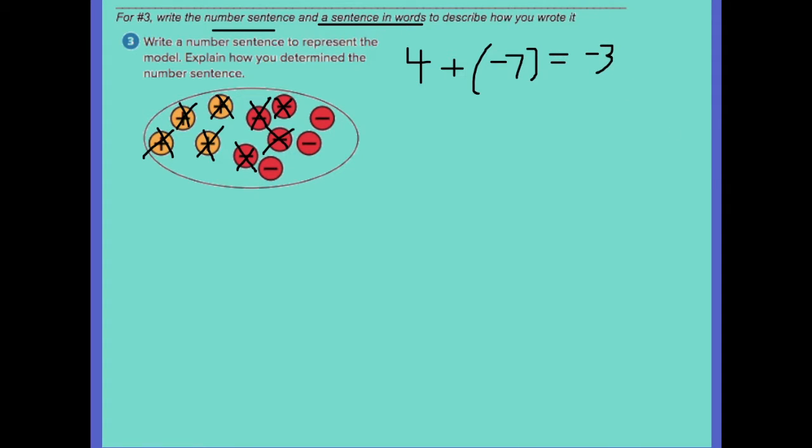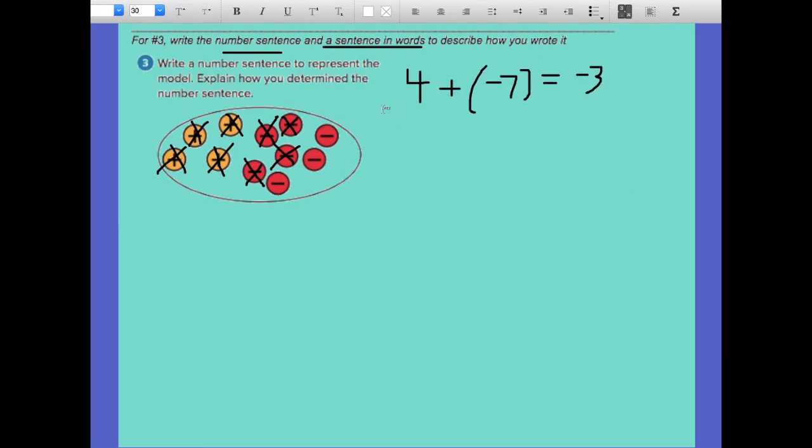I want to write a statement in words to show that. So this can even be as simple as explaining that you counted. So I counted, let me change that to a different color here so we can see it better. Say I counted 4 positives and 7 negatives.